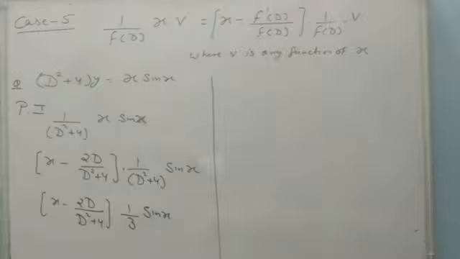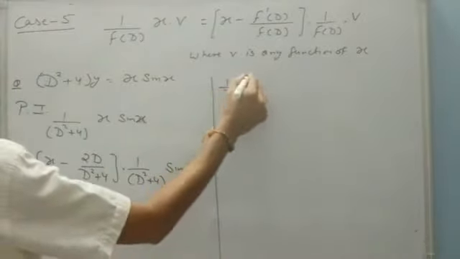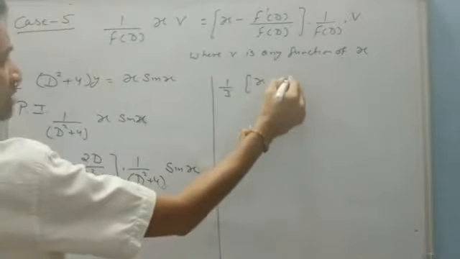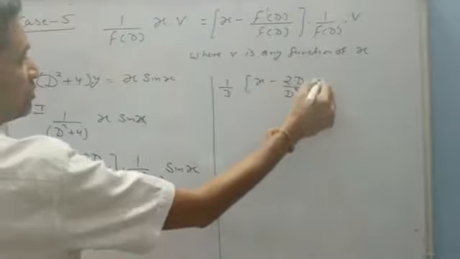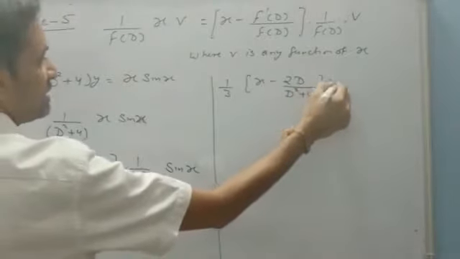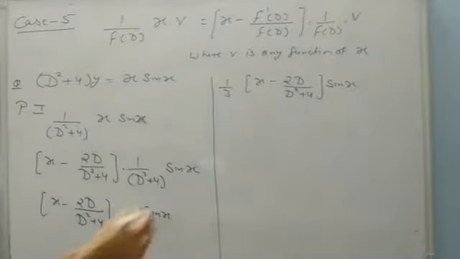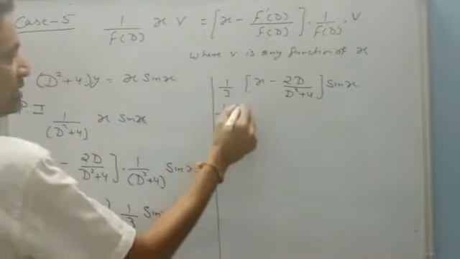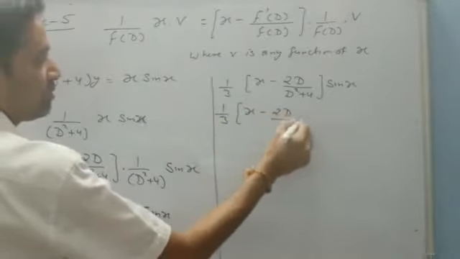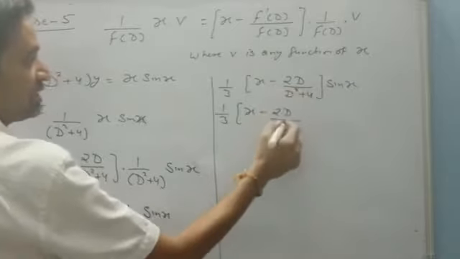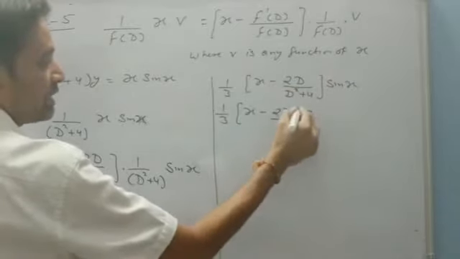Now 1 by 3 as common. The other part is x minus 2d upon d square plus 4 of sin x. Again it will become 1 by 3 x minus 2d upon, put the coefficient again here, it becomes 3 sin x.